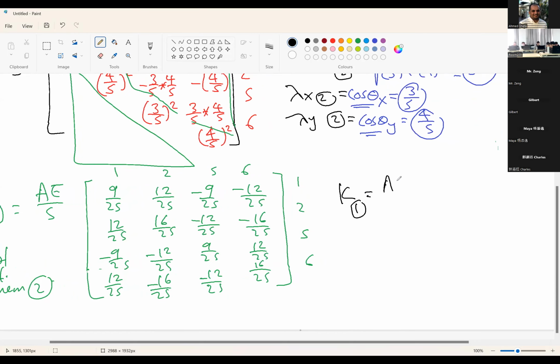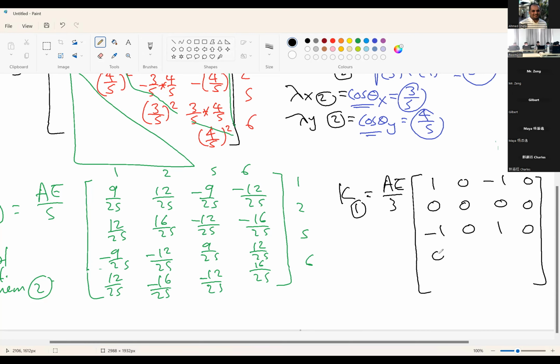What we got for member 1 is AE over 3 times 1, 0, negative 1, 0, 0, 0, 0, 0, negative 1, 0, 1, 0, 0, 0, 0, 0. And what is the numbering of degrees of freedom for this one? This is 1, 2, 3, 4.